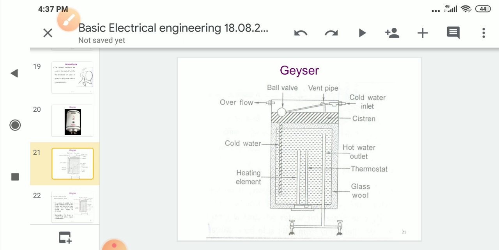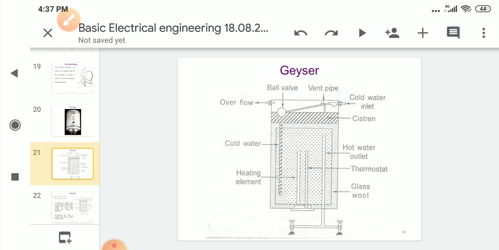It is provided with two pipes known as inlet and outlet pipes, that is, cold water and hot water pipes. The outlet pipe delivers hot water. The output of this device is hot water from the top of the tank.